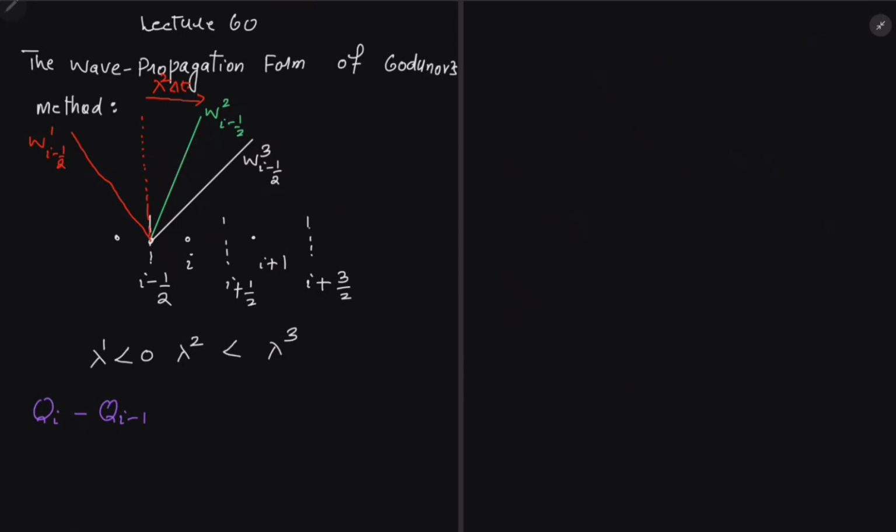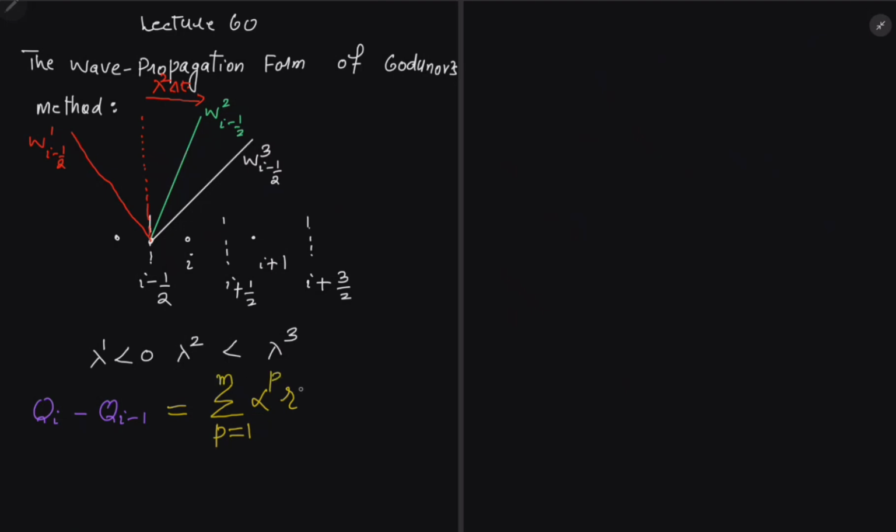So Qi minus Qi minus 1 will be equal to, we earlier saw that the waves can be written as alpha multiplied with the eigenvector r that we already saw in our previous video. Since there can be many waves, for many waves we use summation, and we call the index p for the wave, and the wave is from 1 to m.